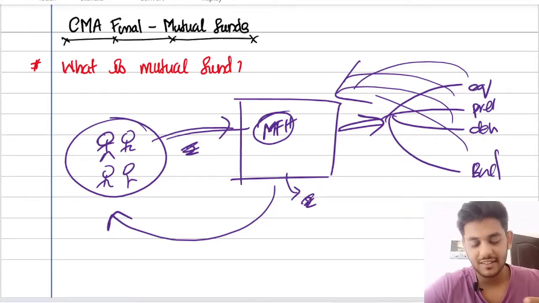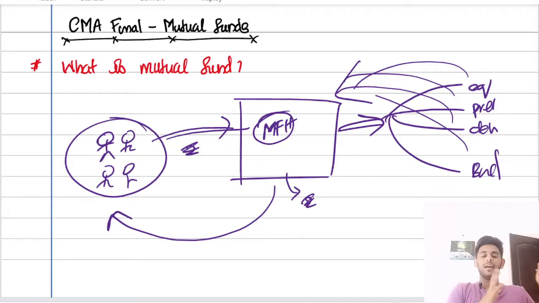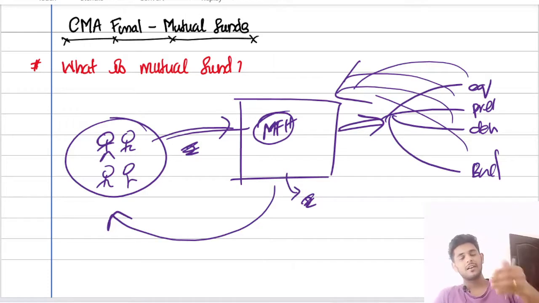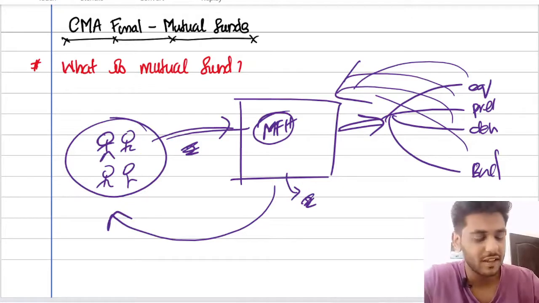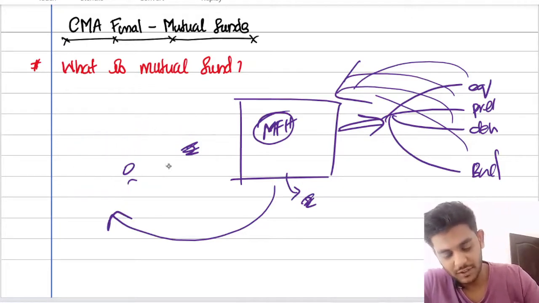So obviously these mutual fund houses or mutual funds are regulated by the government, since there is an involvement of public interest. And from a nation's growth point of view also, mutual fund is very good, because it helps in this mobilization of funds from the general public to the market. So that is what's happening in case of mutual fund.